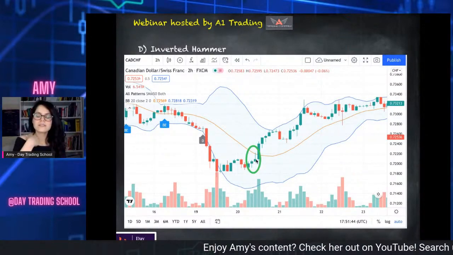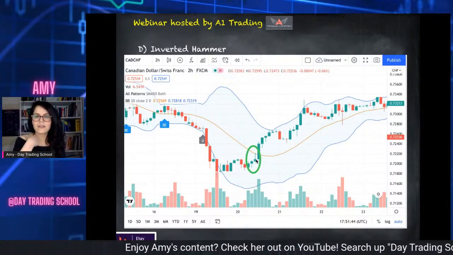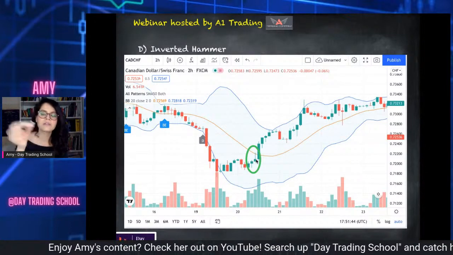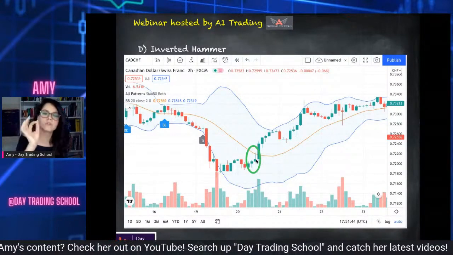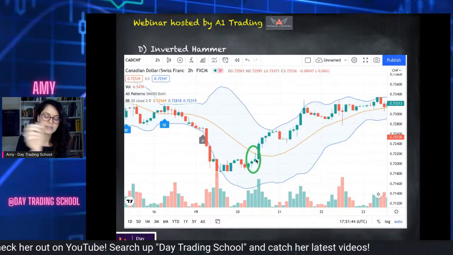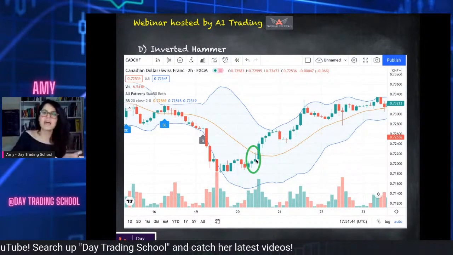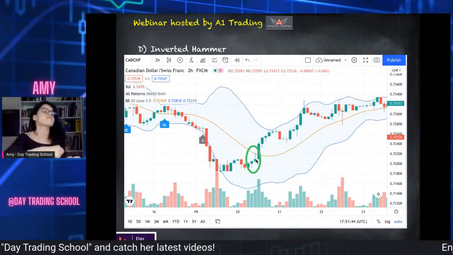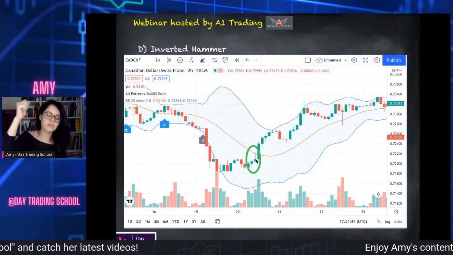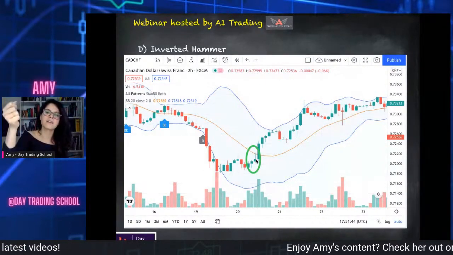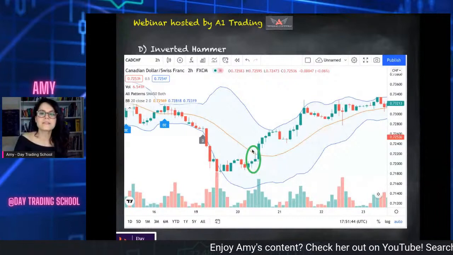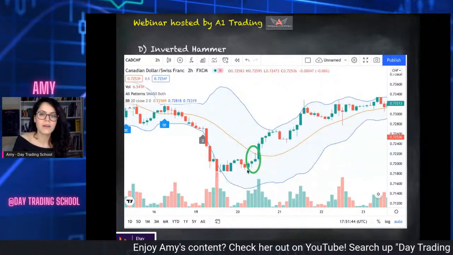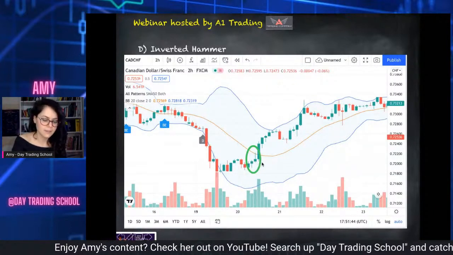This scenario happens quite often before the London trading session: price moves too quickly and you think, oh my gosh, I missed out and can't enter now. Then you get this inverted hammer and you can enter.